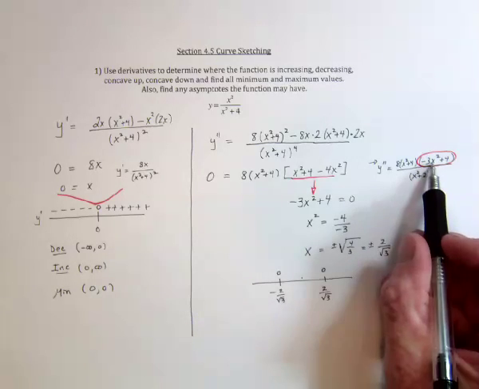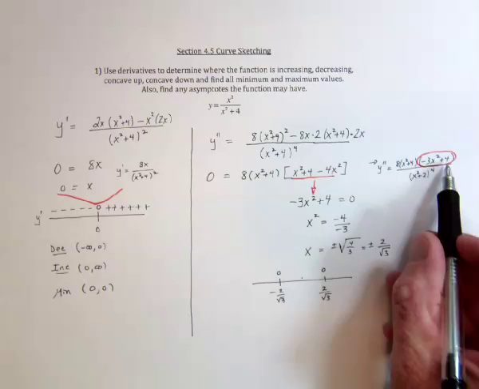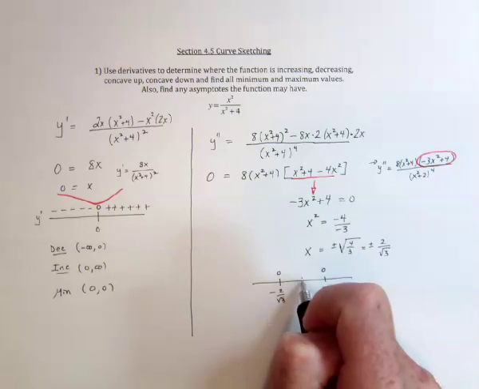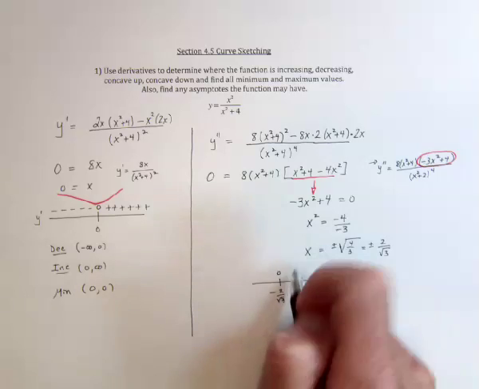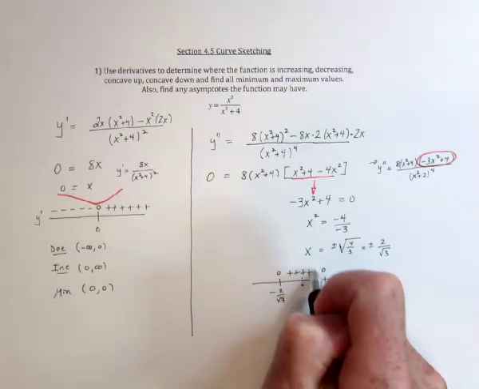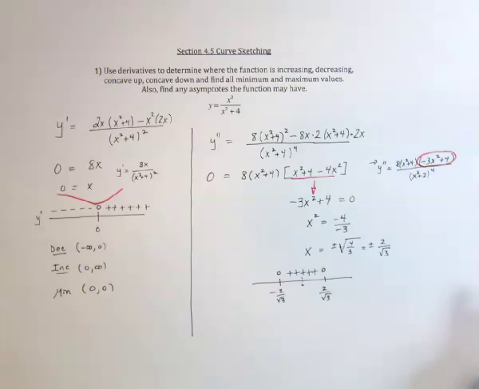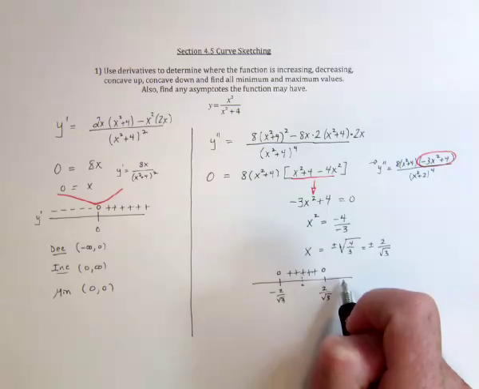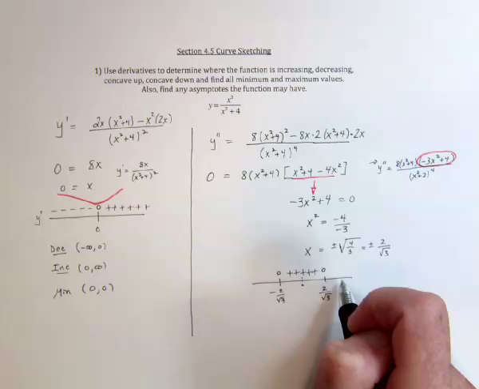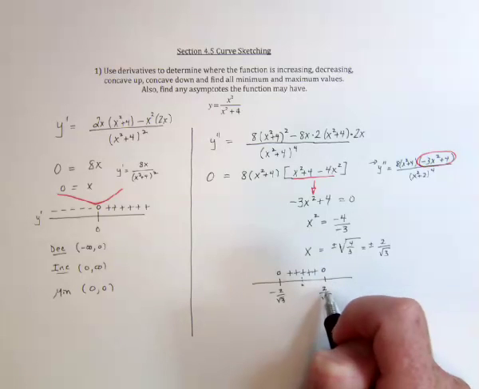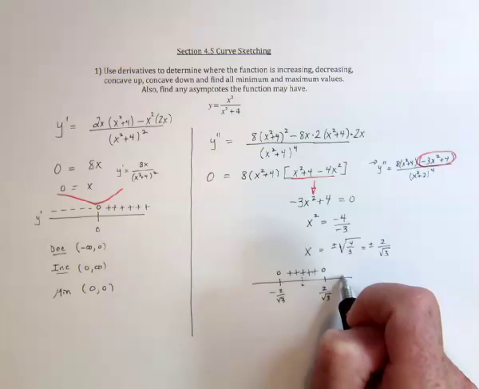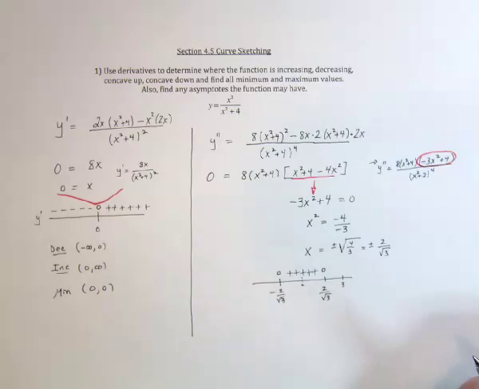So for example, if I use a 0, then this would be gone, it would be a positive 4. So 0 here in the middle means that the second derivative is positive. And then if I pick something over here bigger than 2 divided by square root of 3, well, 2 divided by something is going to be smaller than 2, so I should be able to pick, for example, 3.